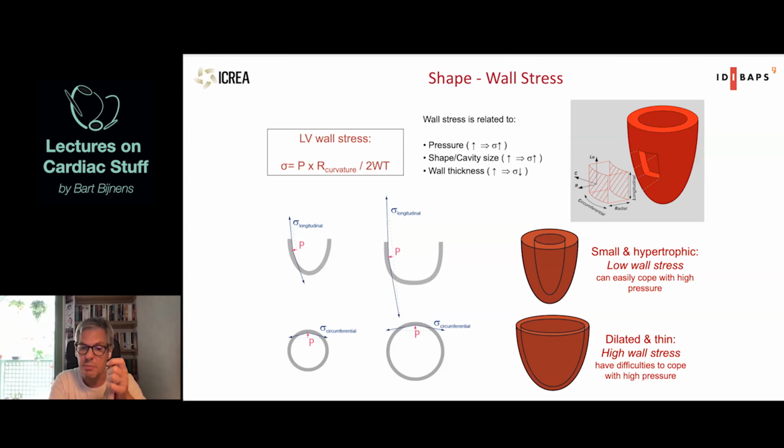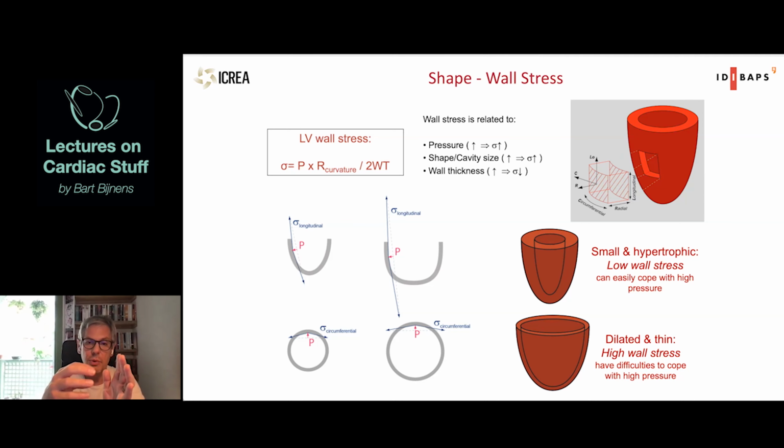For simplification, you can use the law of Laplace, which is in principle for a sphere, but it's roughly true for the heart also. It means that the wall stress, so roughly what the myocytes feel, is proportional to the pressure. So when you have an increase in pressure, you will get an increase in wall stress.